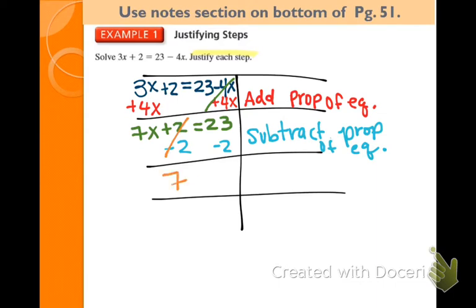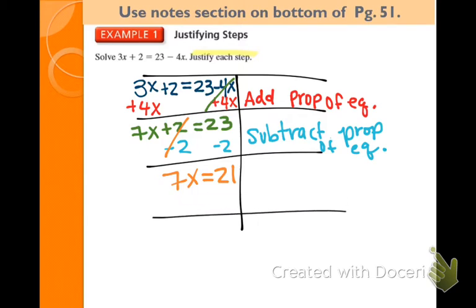So drop down, I've got 7x. What's 23 minus 2? 21. Alright, and then my next step, divide by 7. So this is the division property of equality.